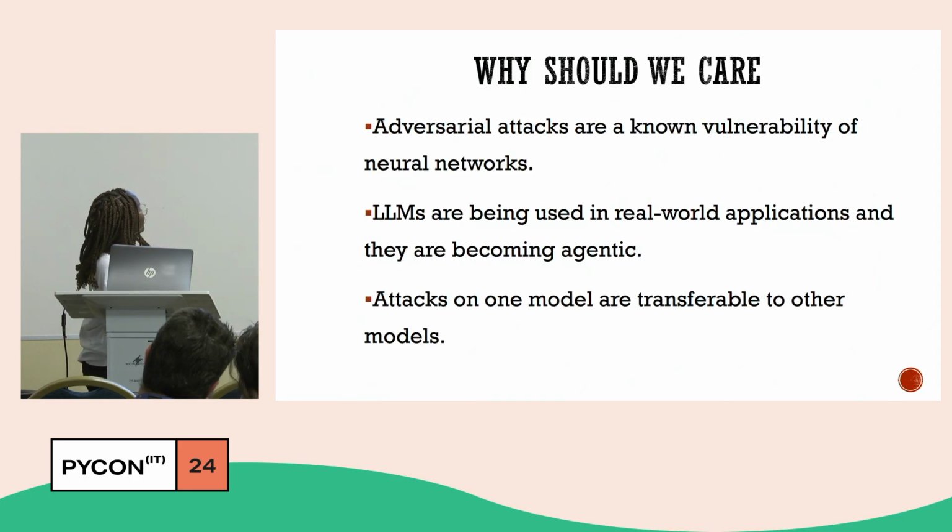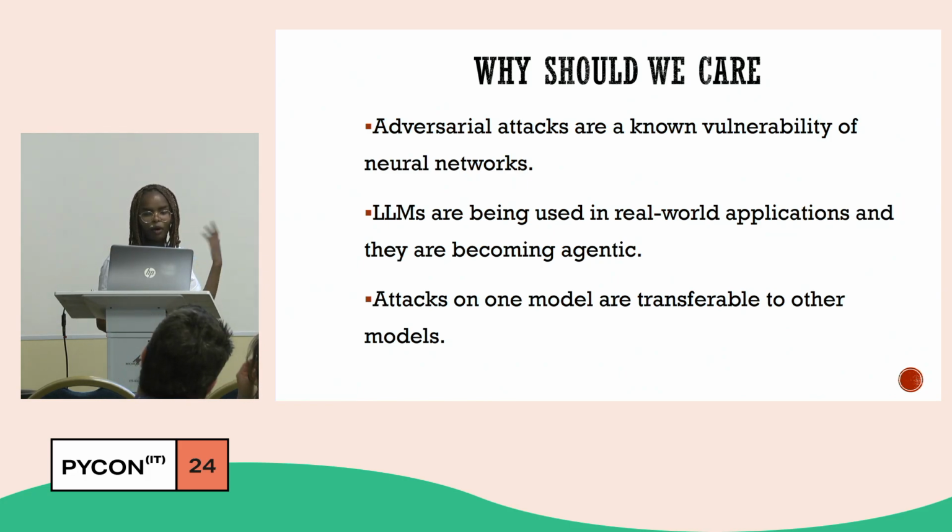Now let's see why we should care about this, and why adversarial attacks are something we should consider when deploying our machine learning models. For right now, adversarial attacks are a known vulnerability of neural networks. They're not specific to LLMs.